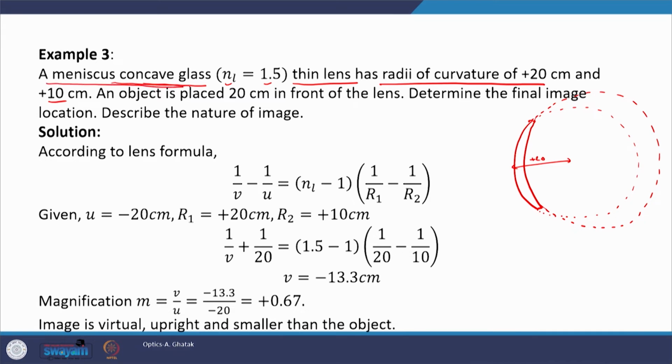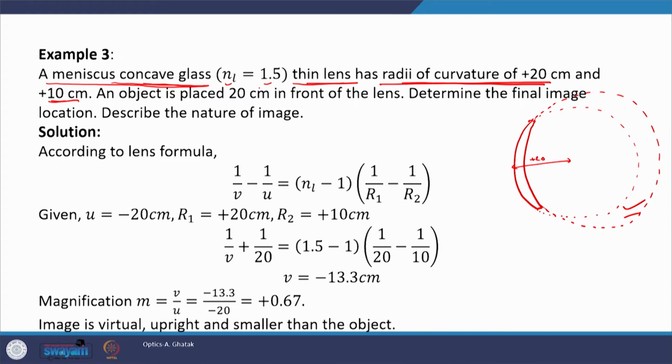A meniscus concave glass thin lens has radii of curvature of plus 20 centimeter and plus 10 centimeter. It means the two spheres are on the right hand side of the lens, as depicted in this figure. One has radius of curvature of plus 20 centimeter and the second refracting surface has the radius of curvature of plus 10 centimeter.